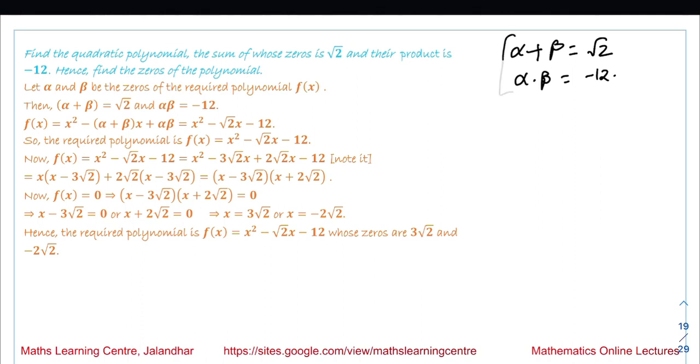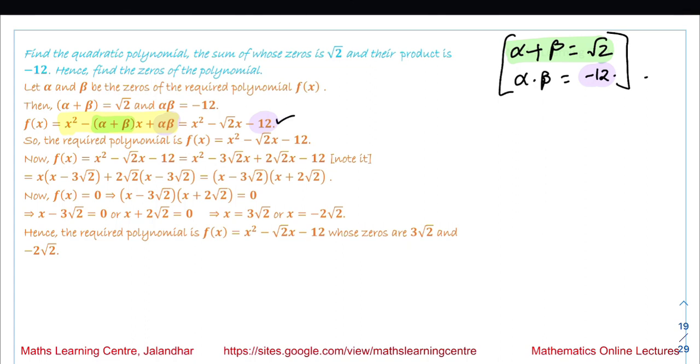If the sum and product are given, then the formula to find the polynomial is x² − (alpha + beta)x + alpha into beta. This is the required polynomial. We substitute these values, and we get the required polynomial.